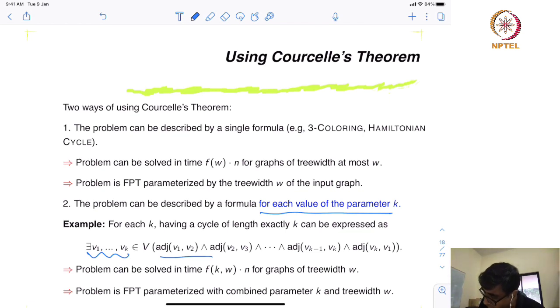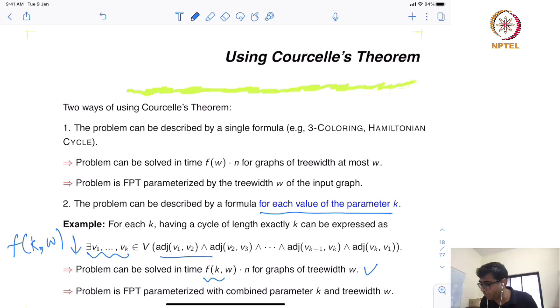So now notice that if I am looking to find an exact k-length cycle, then this problem is FPT parameterized by f(k), the length of the formula, comma, w. So the problem is FPT, running in time f(k,w) times n for graphs of tree width w. So the problem is FPT parameterized by the combined parameter k and tree width w. So there are several ways of using this.